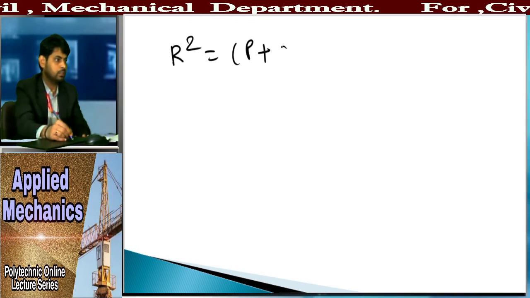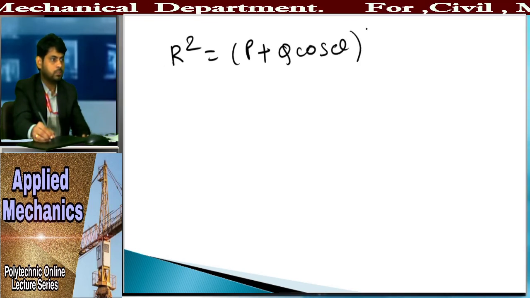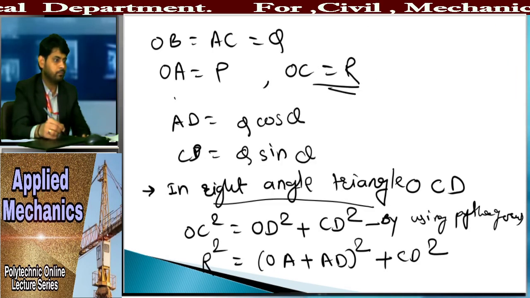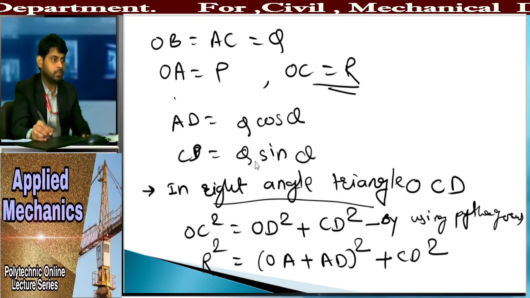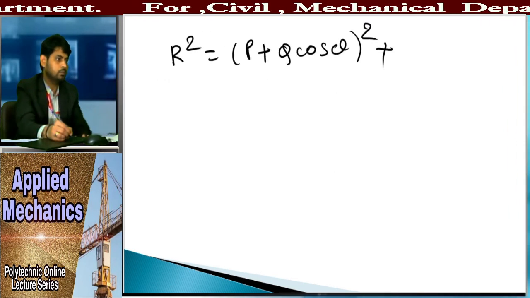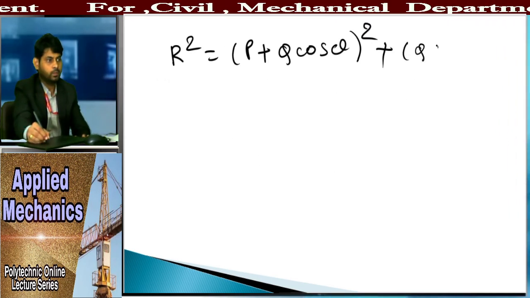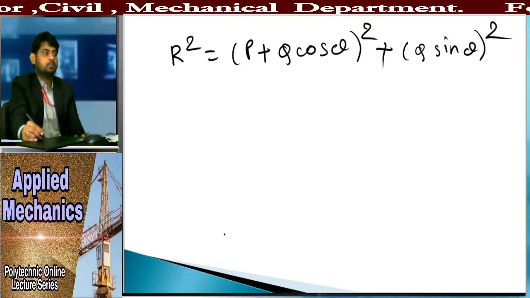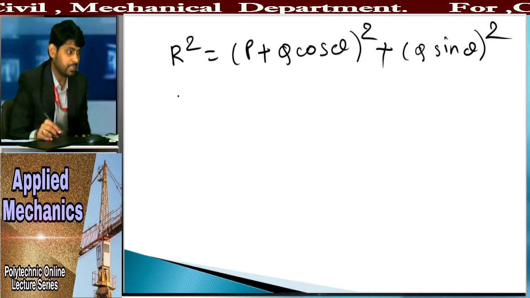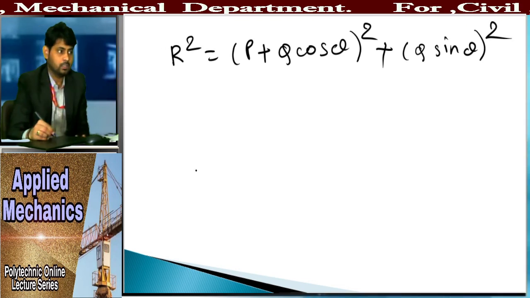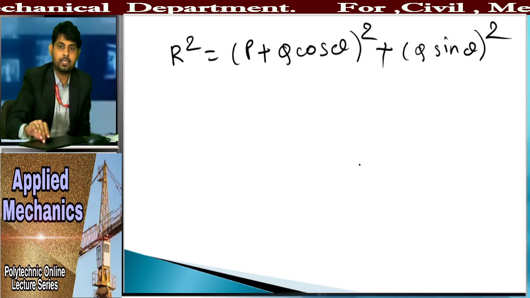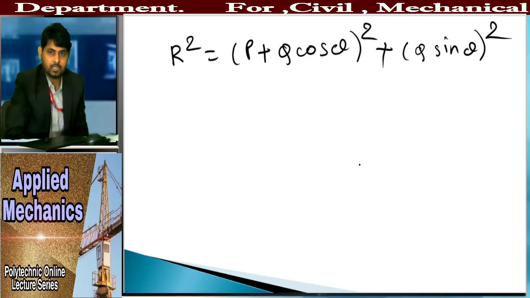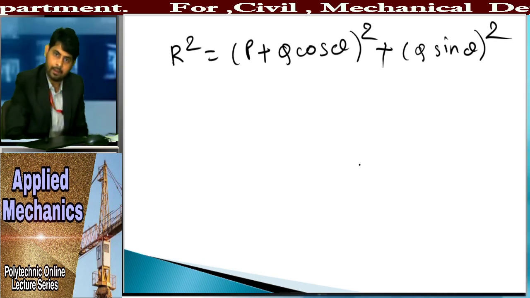So here Q cos theta bracket square, plus here CD is nothing but Q sin theta. So Q sin theta whole square, right? So this is the equation. So the remaining equation we can see in the next lecture. Okay, so let's try to complete this equation, or we can see it in the next lecture. Thank you.